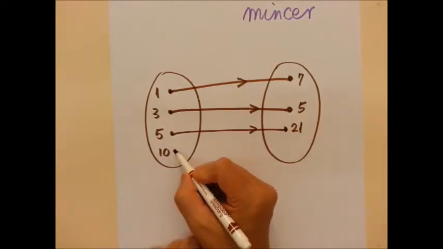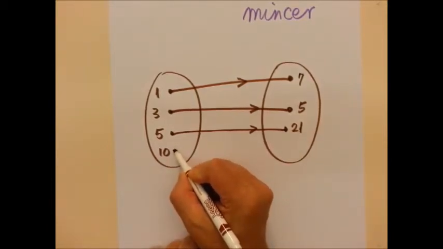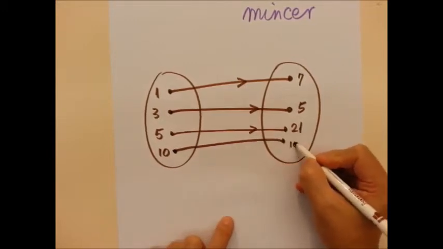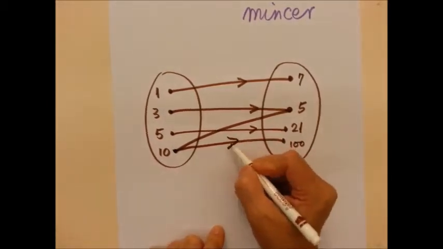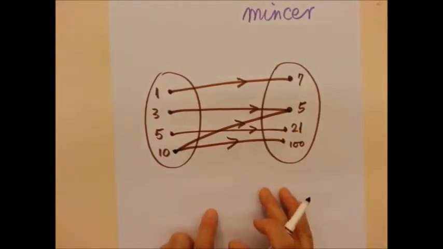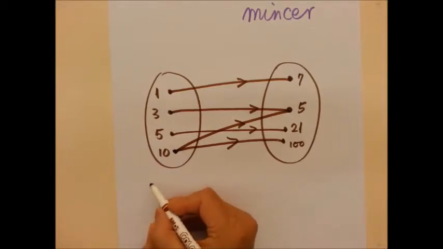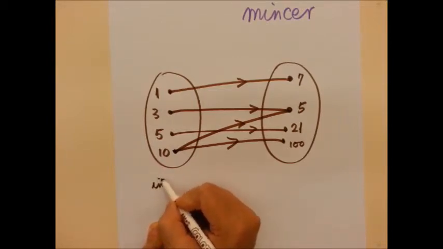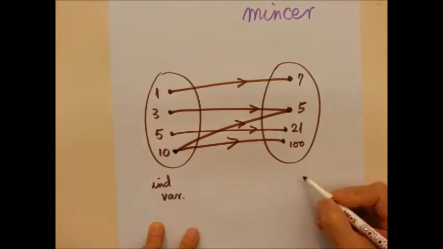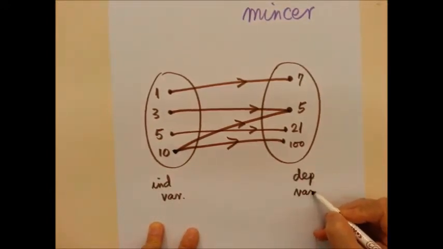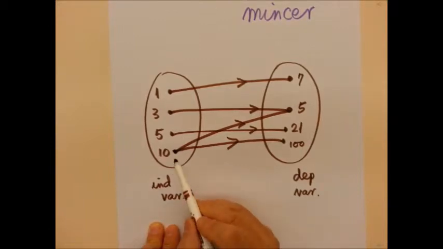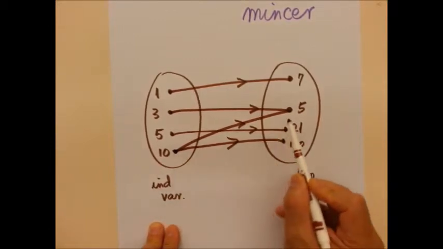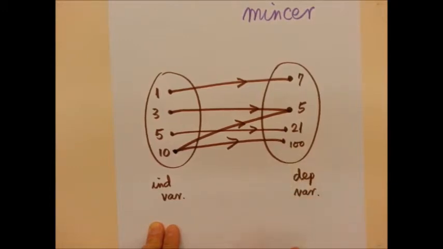And the 10 will give 100. At the same time, it gives 5. If in this way, the relationship between the independent variable and the dependent variable is not a function. The reason is, for the input 10, there are 2 outputs. So it's not a function.